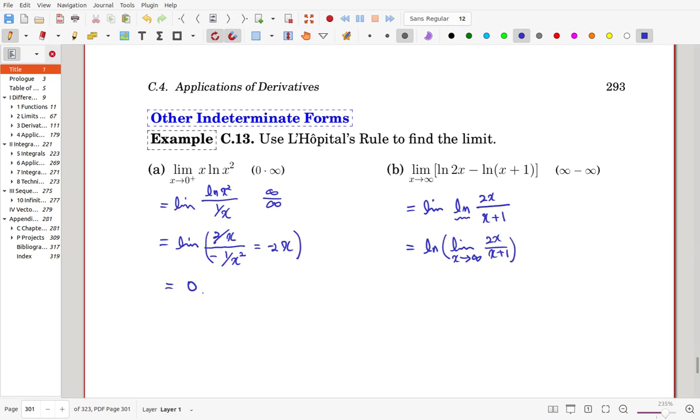We know that is approaching 2 divided by 1, so we can easily see the limit is 2. So there is a natural logarithm of 2. That is the final answer.